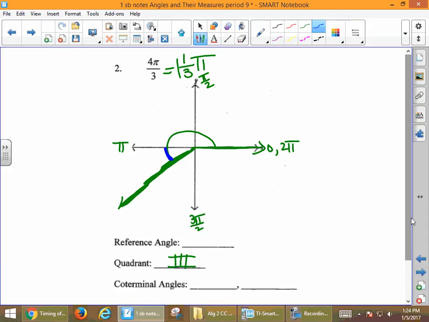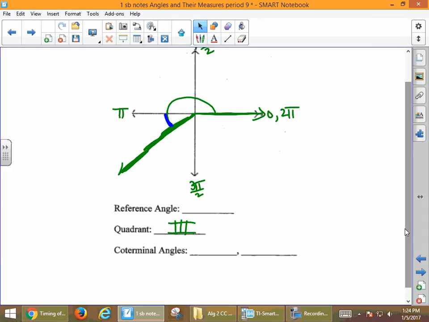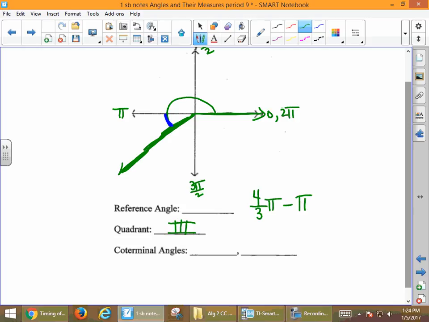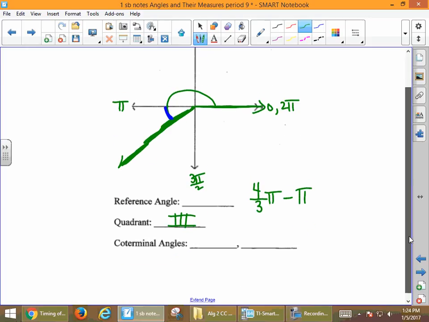And in order to calculate that, what happens is we can take our 4/3 pi and we can subtract out a pi from that. Because remember, we went 1 pi. There's kind of that protractor. And then we went a little bit more.